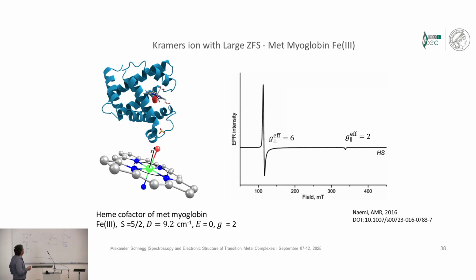Shown here is again the metmyoglobin spectrum of the heme cofactor, and this is a very axial system, giving a super nice axial spectrum with a g value above 100 millitesla and one around g equals 2. And this is often called g effective 6. This is slang which you find in many labs.